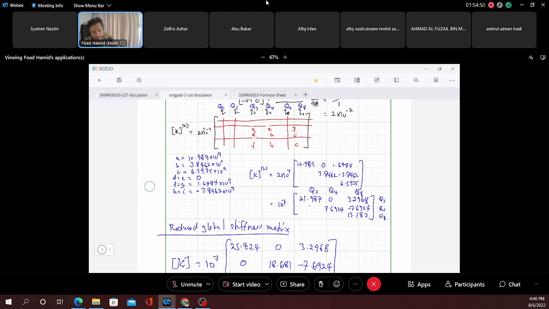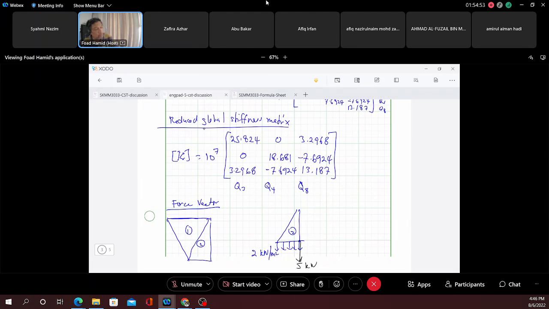So my load for this element, my uniform load, will be TL over 2 times dx dy. Note that this is equivalent to our F3, F4, F7, F8, because if you look at this, this is 1, 2, 3, 4.